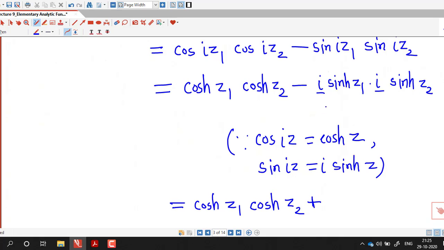So negative negative positive, minus of i square, that is minus of minus 1, which is 1, and here sin hyperbolic z1 into sin hyperbolic z2, and the left hand side is cos hyperbolic (z1 plus z2).